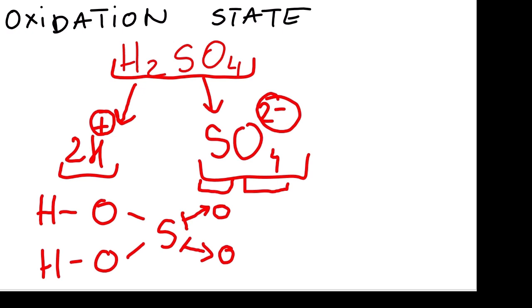Okay, so as I said previously, the oxidation state is equal to the charge of the element after the theoretical total separation between elements. So we need to find the most electronegative element. In this particle it is oxygen, then sulfur, and the least electronegative is hydrogen.